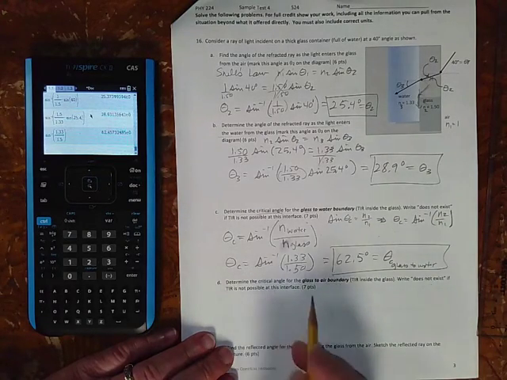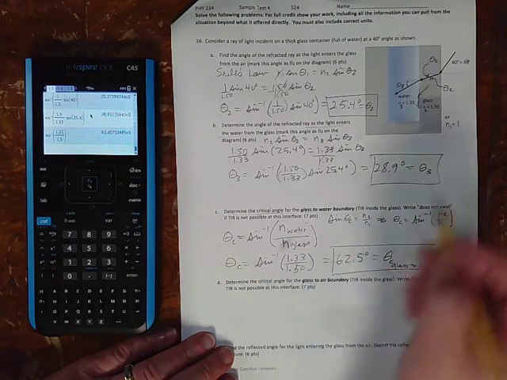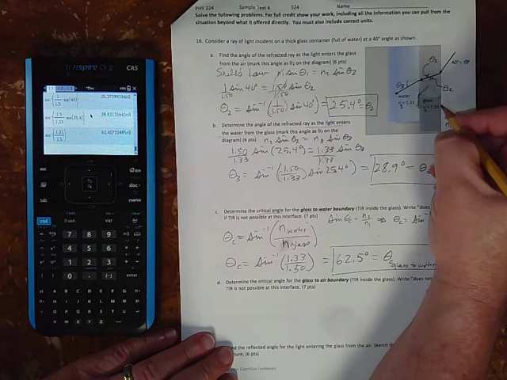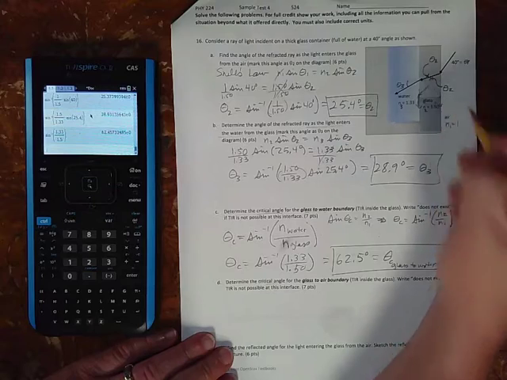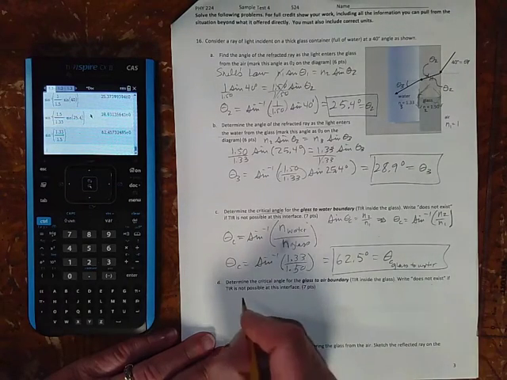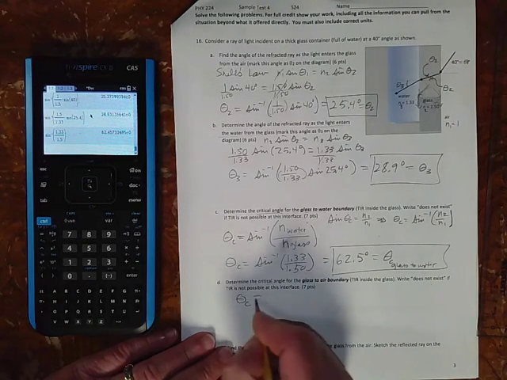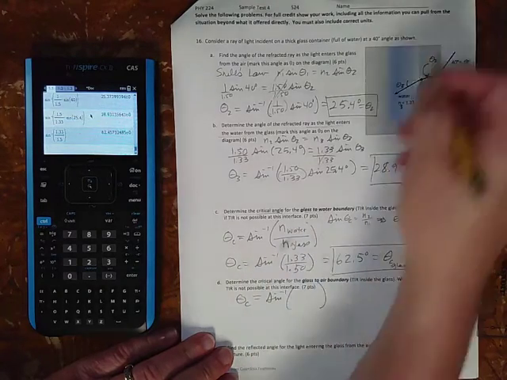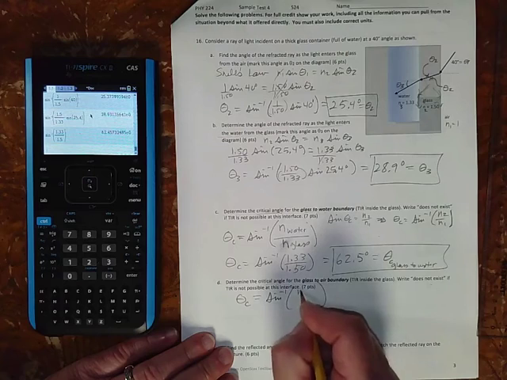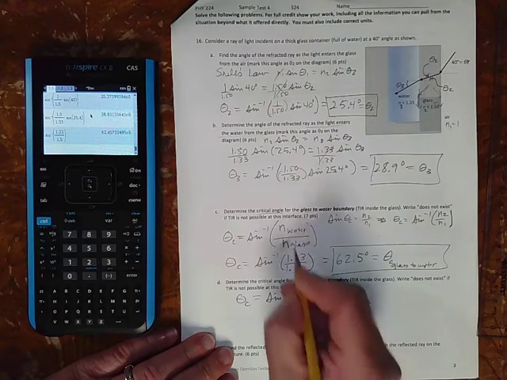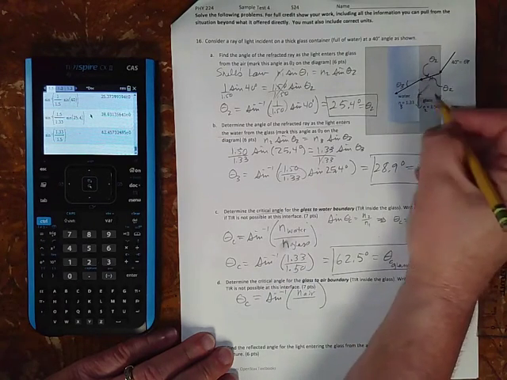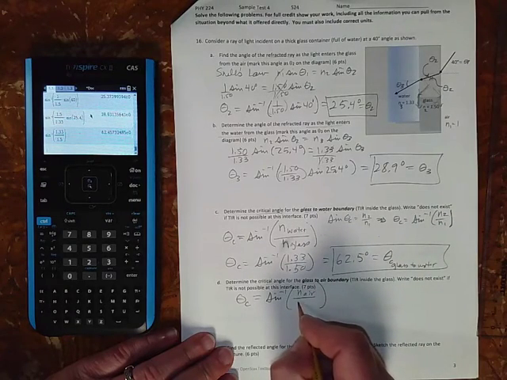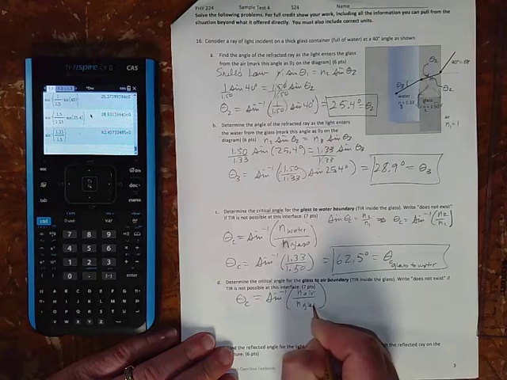Okay, next one, find the critical angle for glass to air. So now we're wondering about over here, what's the angle that makes it start coming back in and be all reflected over here. So again, same formula but different ends. We've got inverse sine of, where is it going to this time? Air. And where is the light basically staying is in the glass again.